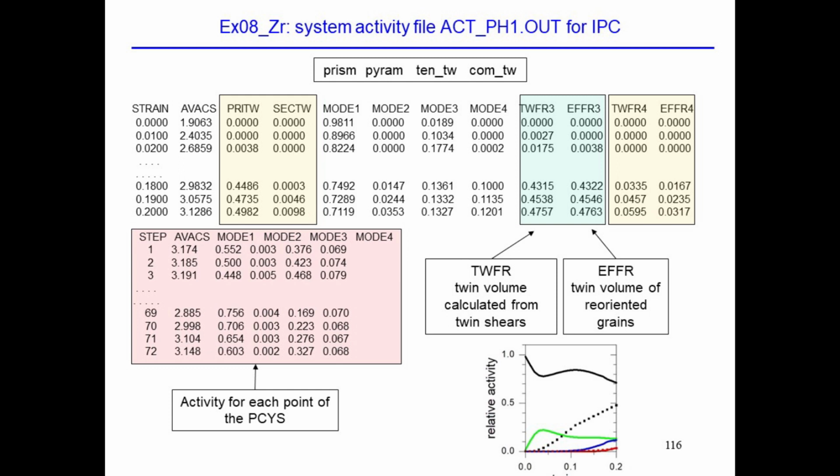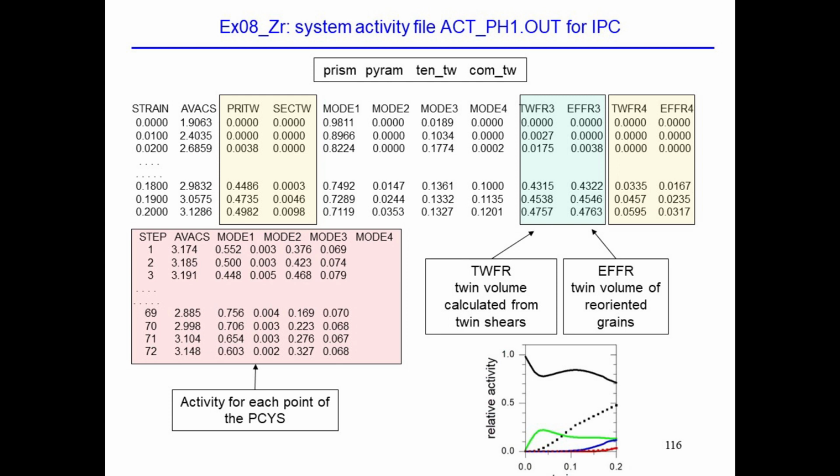If you look at the activity file, the part that corresponds to the yield surface, which is next to the one that corresponds to the in-plane compression, it lists the relative contribution of each mode to each of the points in the yield surface.